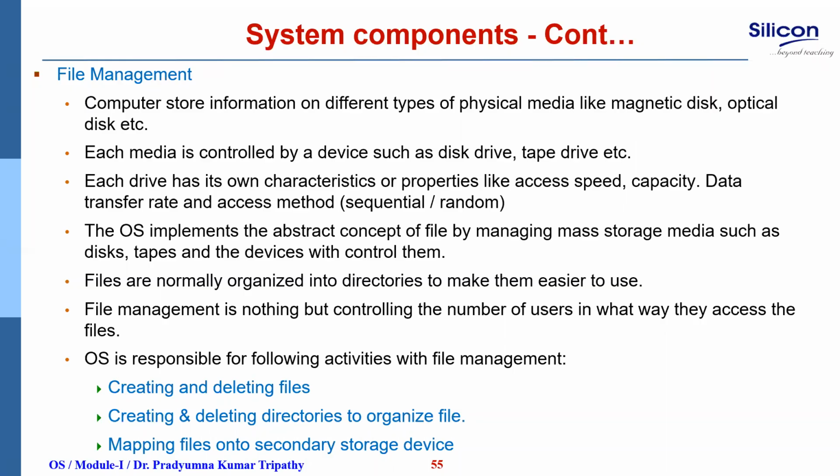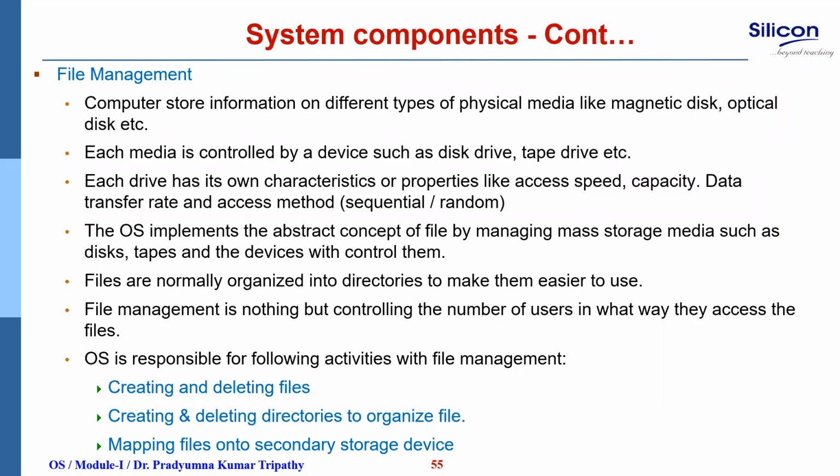Suppose you are going for a hard disk or a CD drive or floppy disk or pen drive. Each of these devices has different access speed and different capacity. Even 2 hard disks may have 2 different capacities. So each drive has its own characteristics and properties.